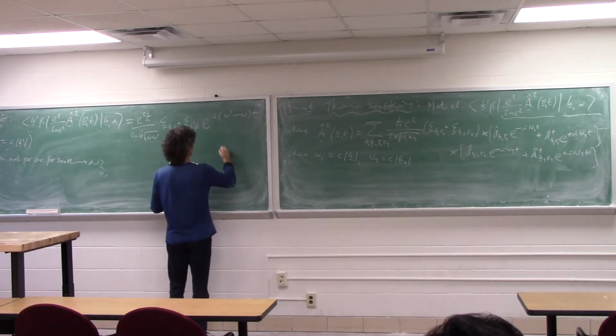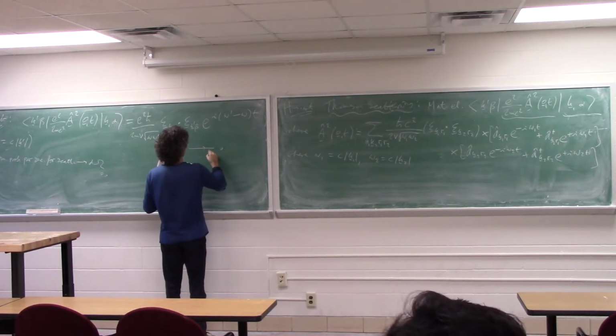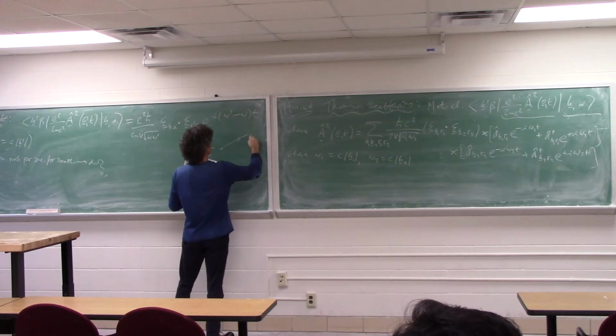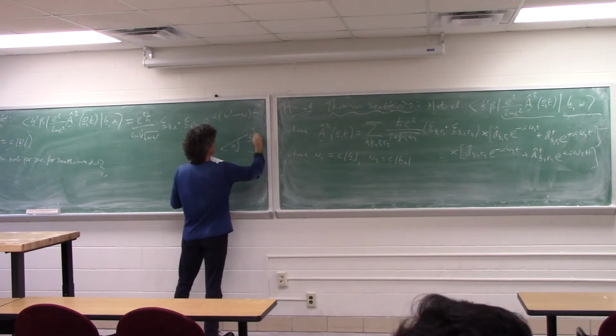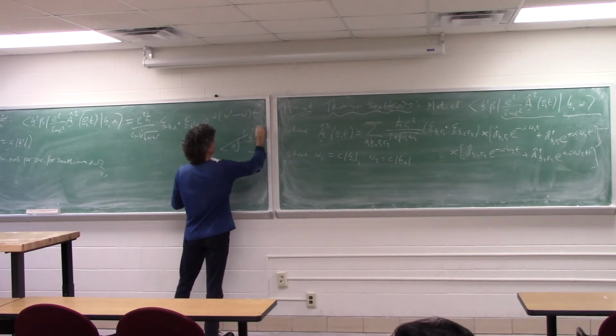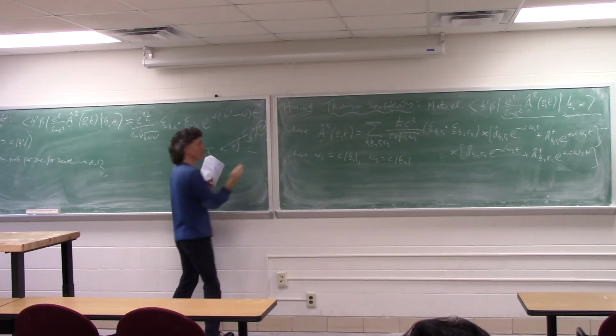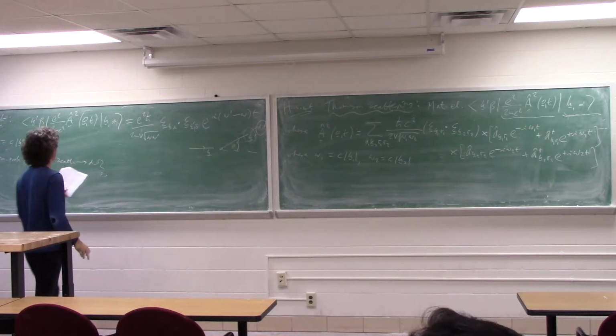So we have k prime at an angle theta, and let's think of the scattered photon as coming out restricted to a small range of solid angle.